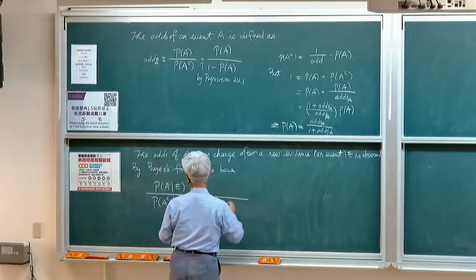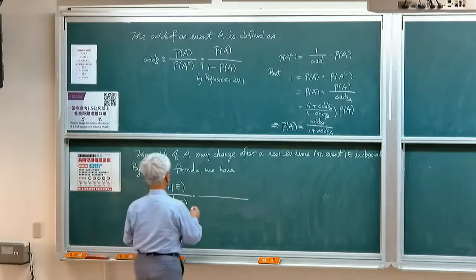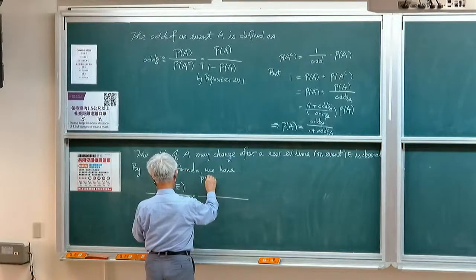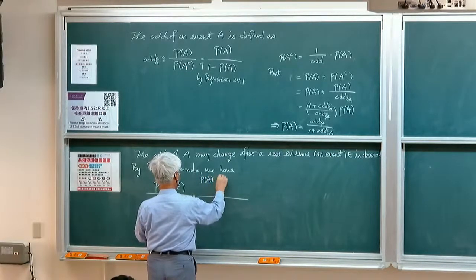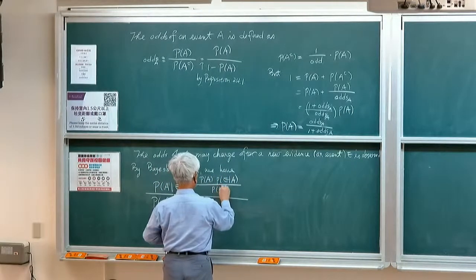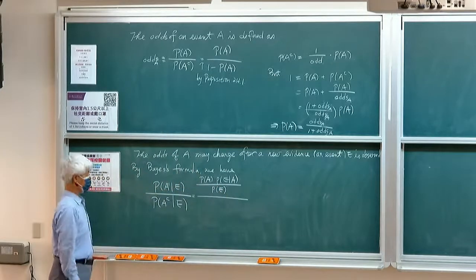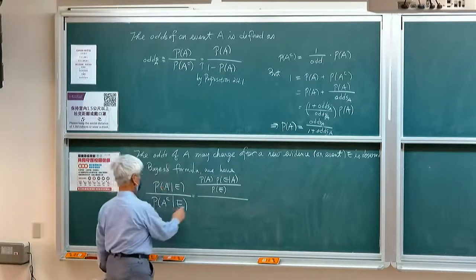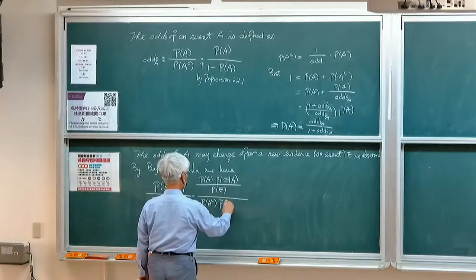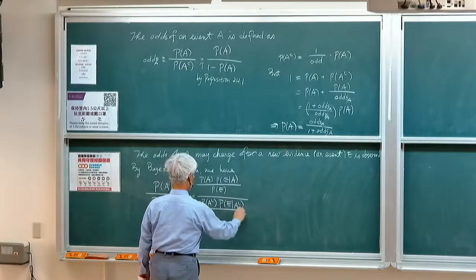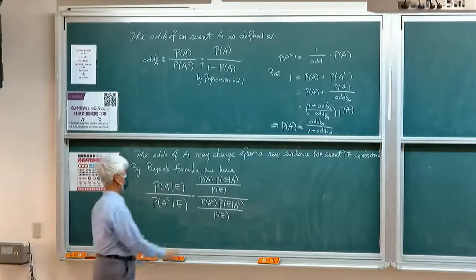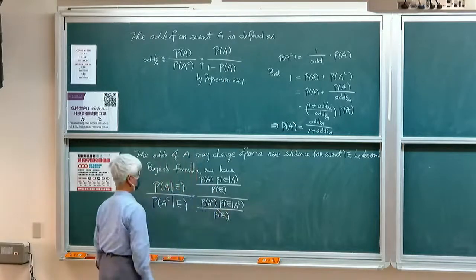Now, by Bayes' formula, that would be P(A) and P(E given A) divided by P(E), and the denominator is P(A complement) times P(E given A complement) divided by P(E). So we can cancel them.